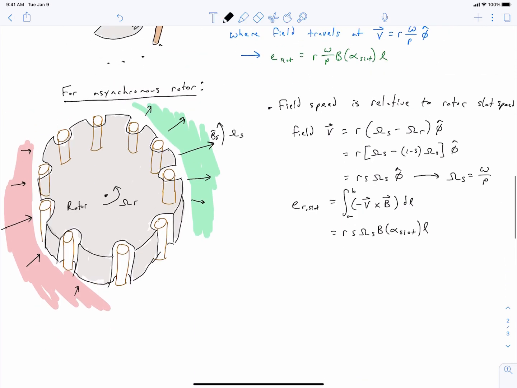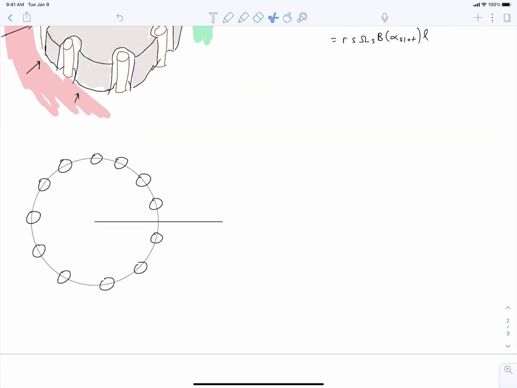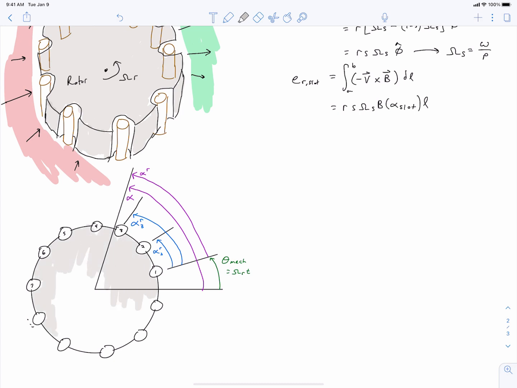So now, before we go further with this derivation, I'm going to draw yet another sketch of our rotor and use it to label some more angles. Again, I'm drawing a cross-section of the rotor.